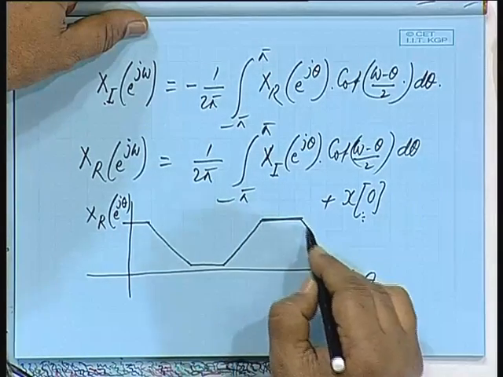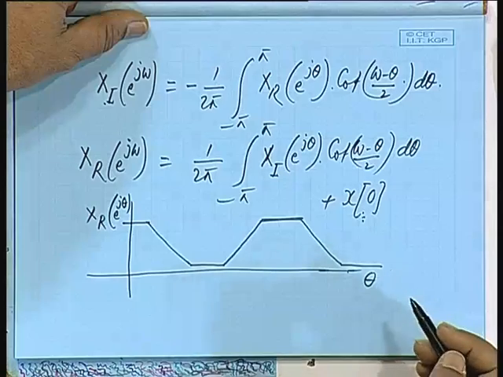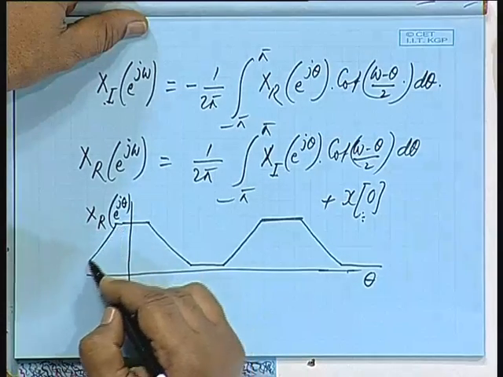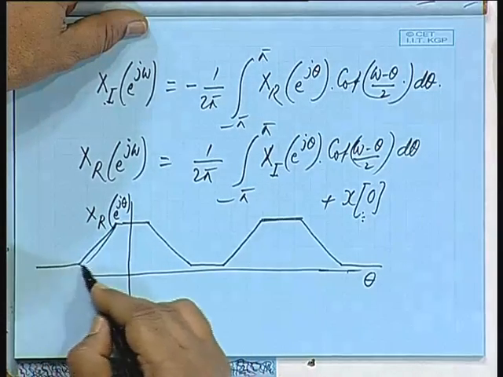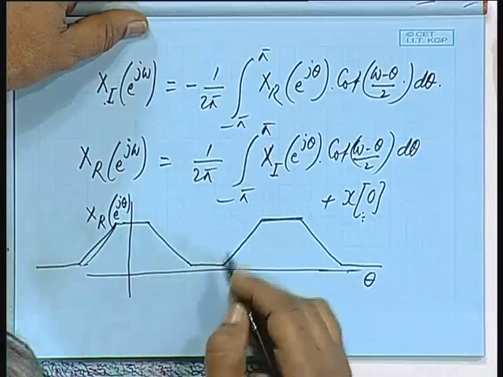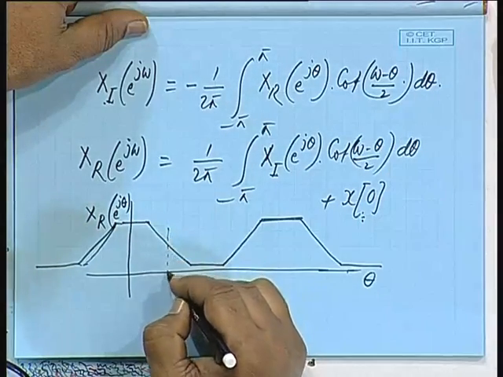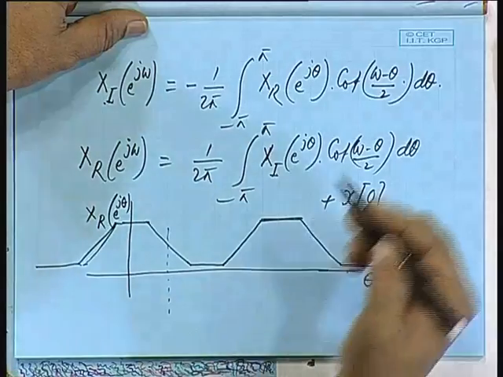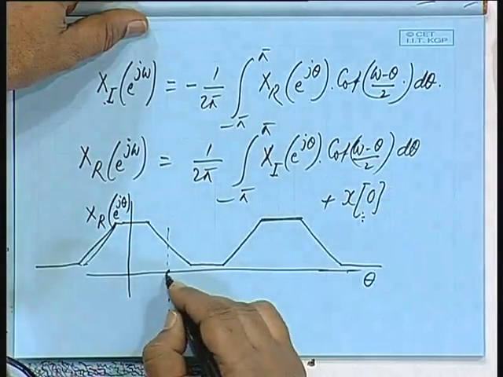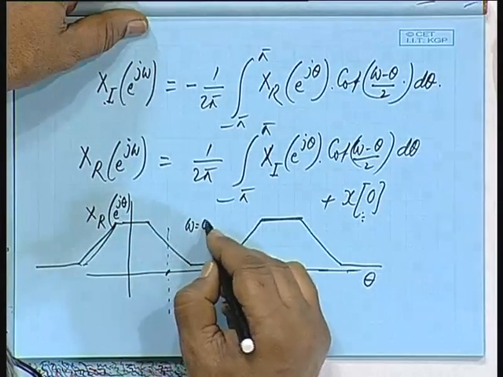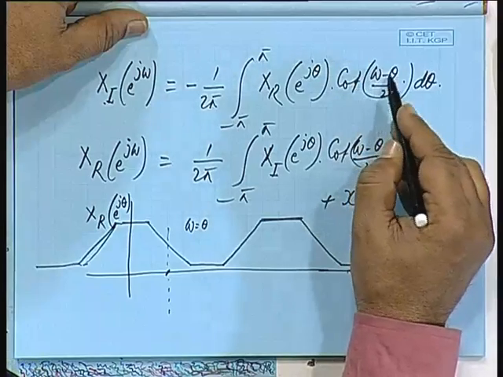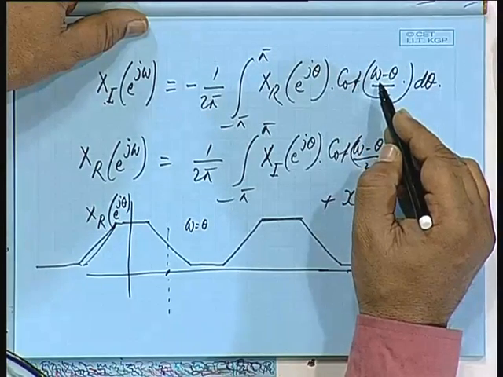I am just hypothetically taking a function like this. Similarly, it will have its image on this side, and cot((ω−θ)/2), if I keep on varying ω, take one value of ω, when ω is equal to θ, this becomes cot 0, and cot 0 is infinity.